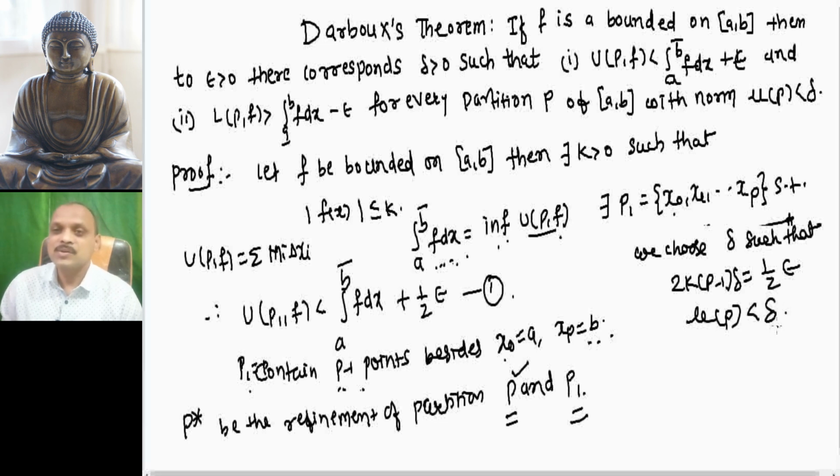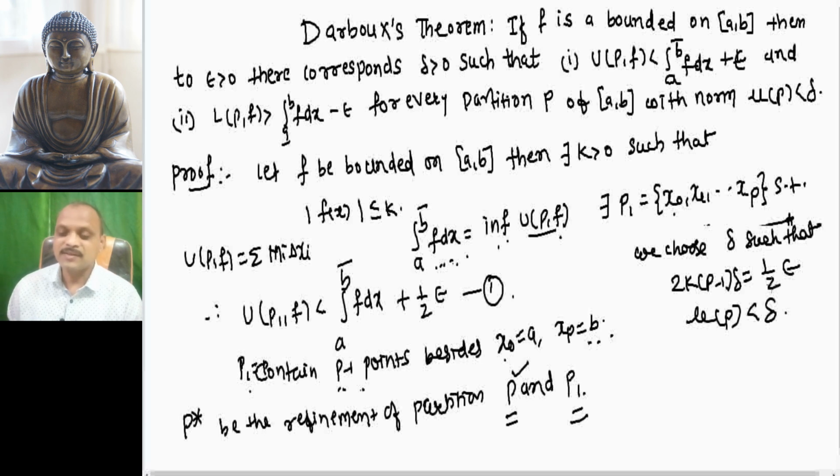So these are the two constraints imposed here on the partition P and the delta. Our norm of the partition P depends on that delta, and that norm mu of P is less than delta.